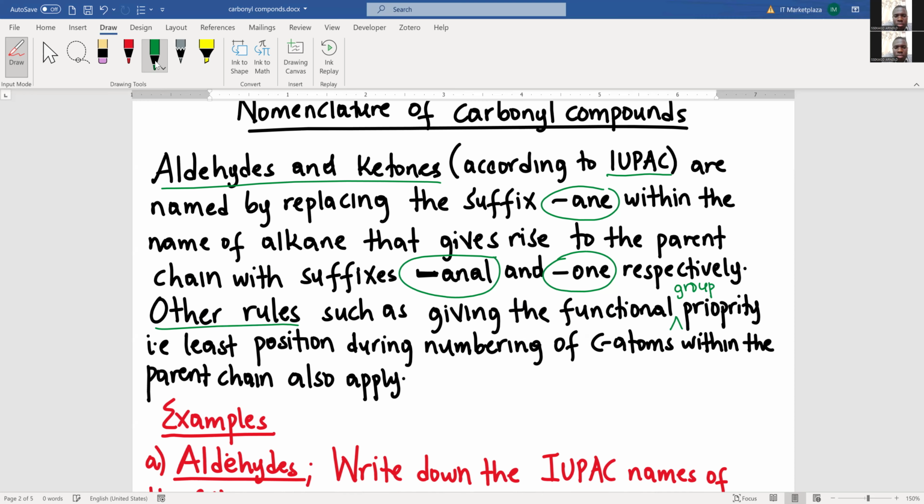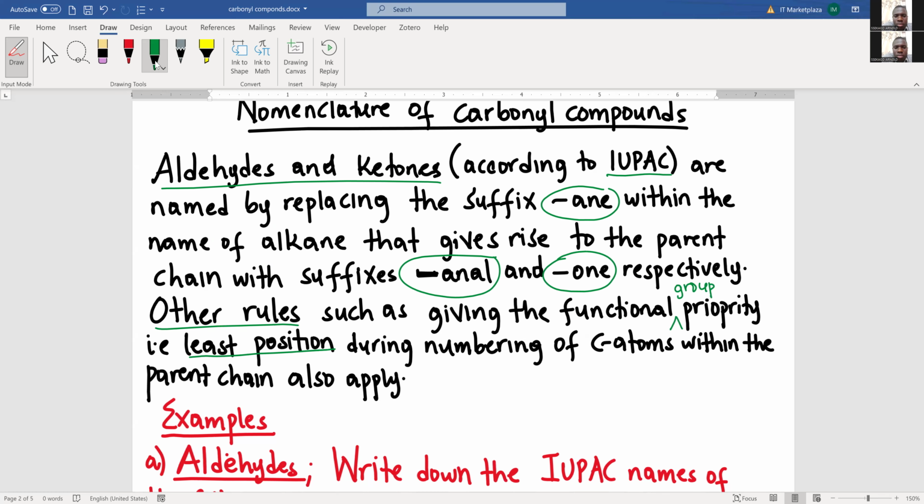What do I mean by that? You assign it the least position. When numbering the carbon atoms within the parent chain, you ensure that the functional group, which is the carbonyl carbon, is assigned the least position before naming. So to ensure that, you have to assign the carbon atoms positions from either side.